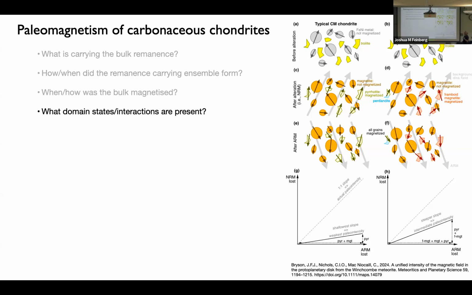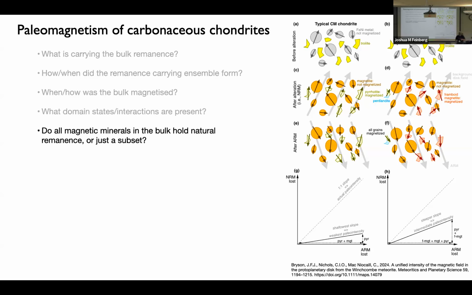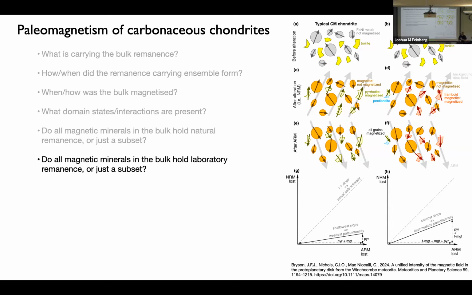What domain states and interactions are present in the different remanence-carrying ensembles that exist within your rock? Do all the magnetic minerals hold NRM, or just a subset? And do all magnetic minerals acquire a laboratory remanence, or just a subset? Okay, that may depend on the coercivity of the particular grains and the field that you've applied in the lab.